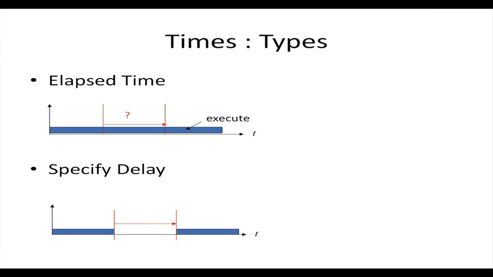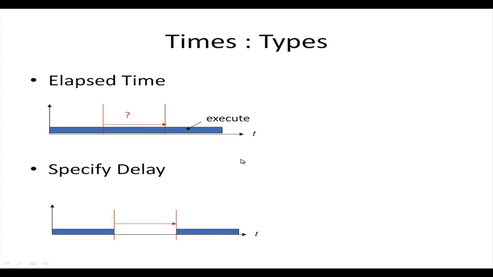What are the types of time that we are interested in? We have already encountered, when we discussed real time systems, different forms of time. One is the elapsed time. We start from a particular point and see, from this point onwards, how much time has elapsed while a program is executing. All right.